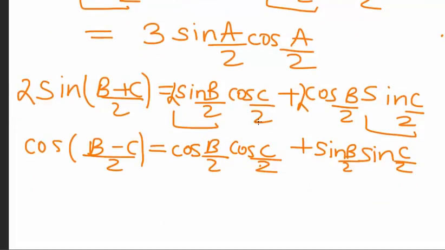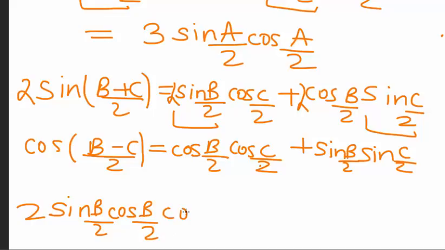And we will also get 2 more terms, because if you multiply these two with this term, you're going to get something extra. Anyway, let's just multiply this. If I multiply this by this, I'm going to get 4 terms. Let me write down the 4 terms. 2 sine b by 2 cosine of b by 2 cos square c by 2. You have seen me do this before: this thing is equal to sine of b, right?